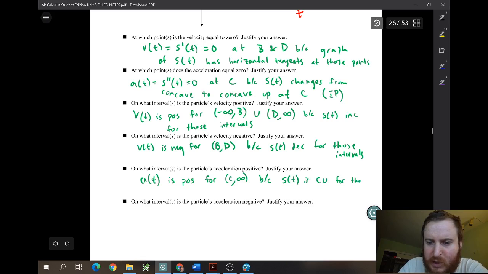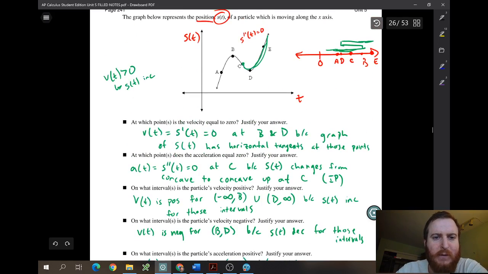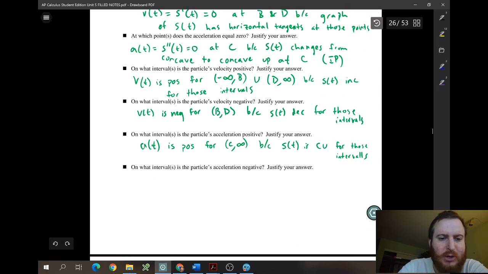We always want to connect it to the graph that we have. I know sometimes you say because S double prime is positive, like F double prime of x is positive, or because F prime is increasing. You always want to connect it to the graph we have. We have the graph of position, and acceleration is the second derivative of position.